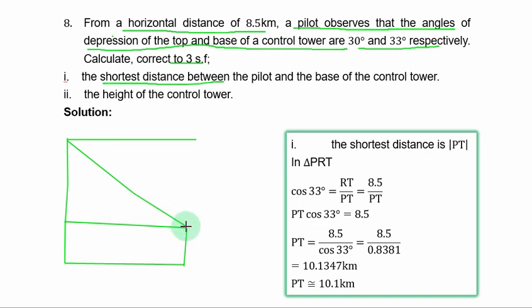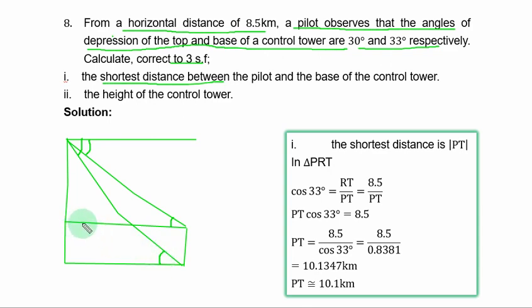The angle of depression is 30 degrees. Then looking at the base of the control tower, the angle of depression is 33 degrees. So this angle, 30 degrees, is equal to this angle, and this angle 33 degrees is also equal to this angle.